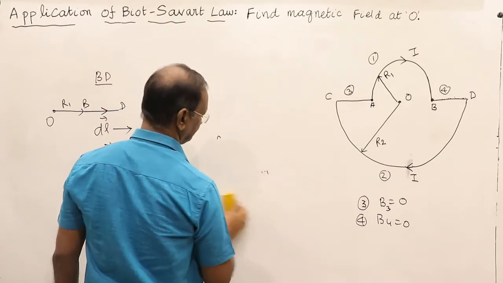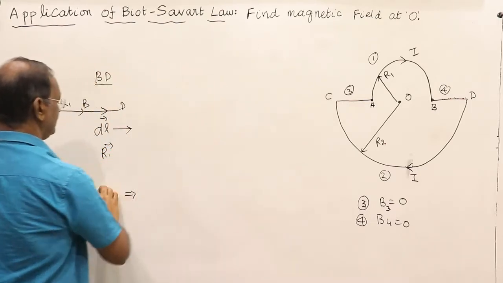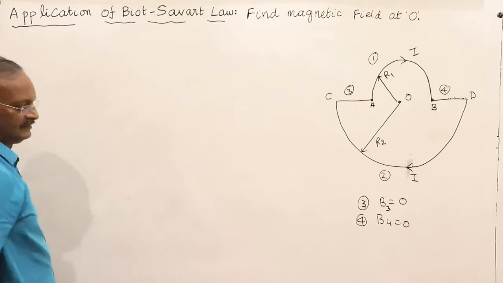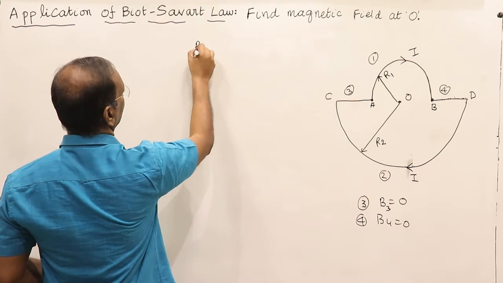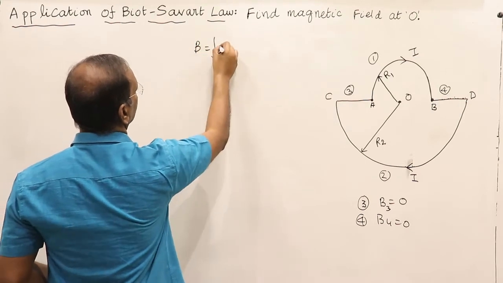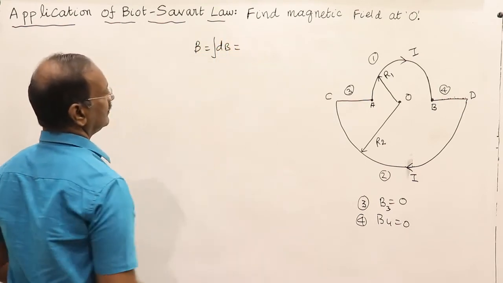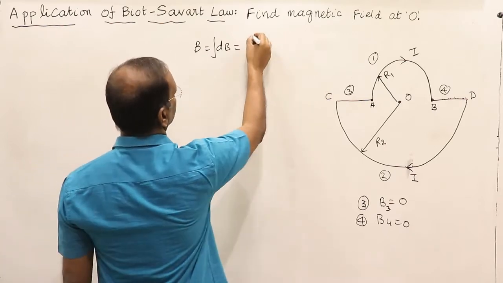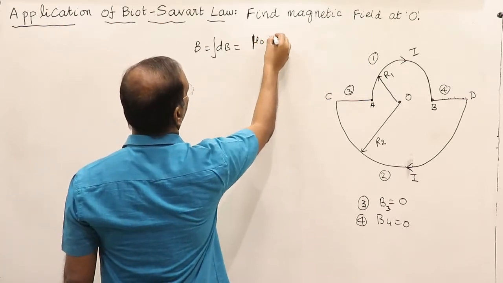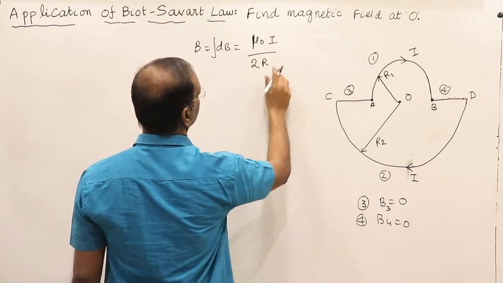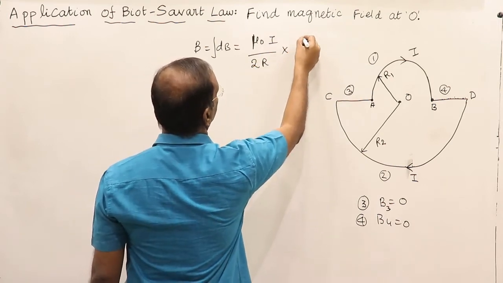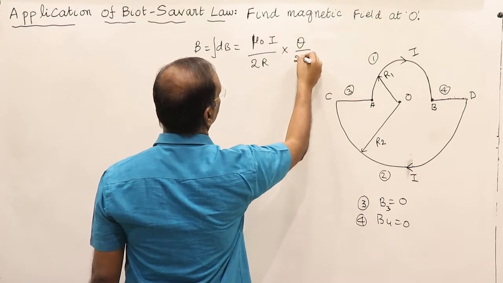What does it say for the semicircular part? The result is the magnetic field B equal to integral of dB, which is equal to mu naught I divided by 4 pi into the distance into the angle subtended divided by 2 pi.